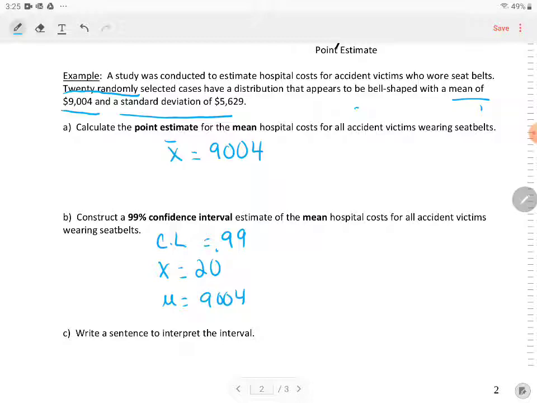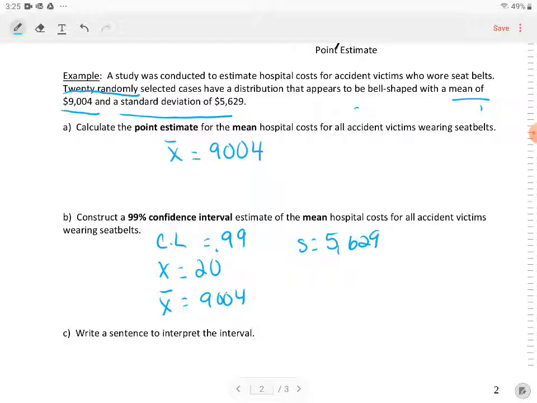And since it's a sample, I should be using x bar. And the standard deviation, again, being a sample, is s equals 5,629.